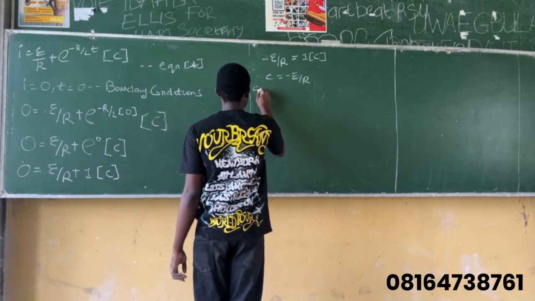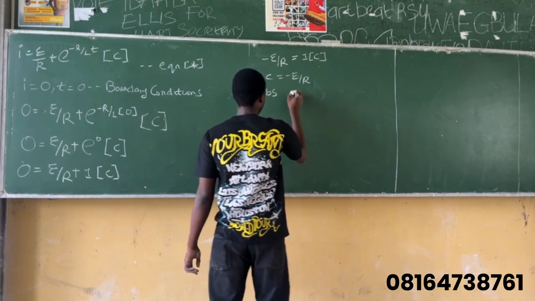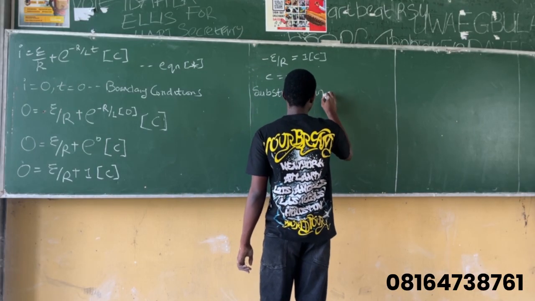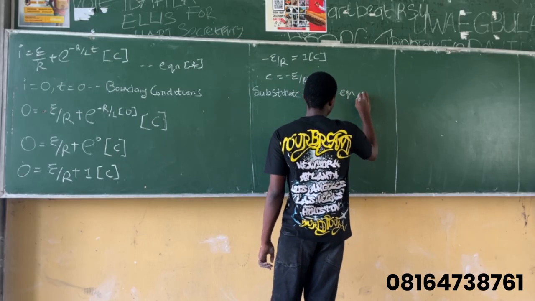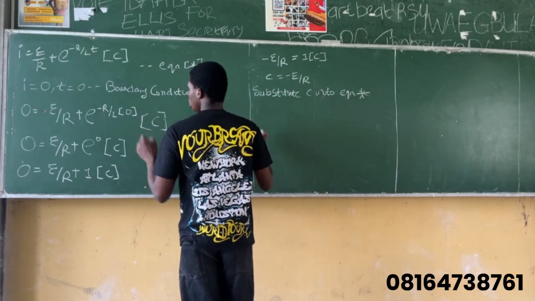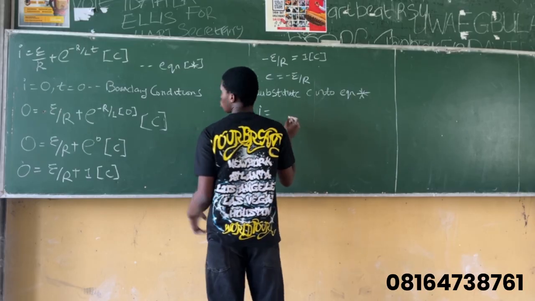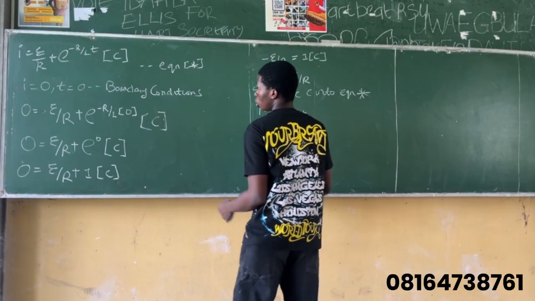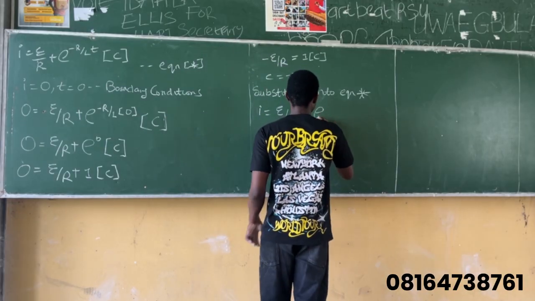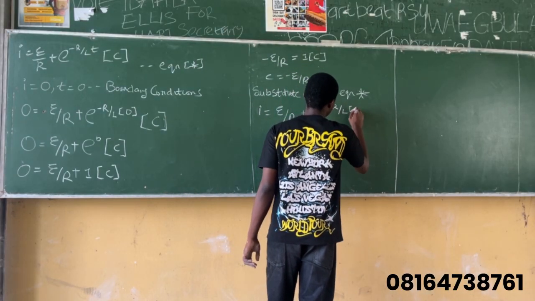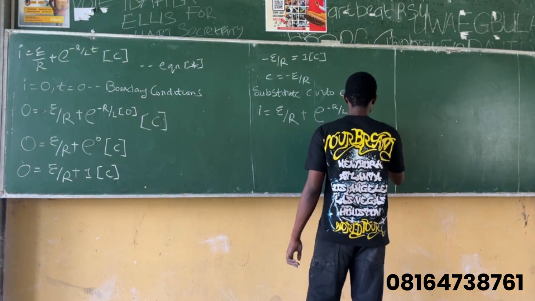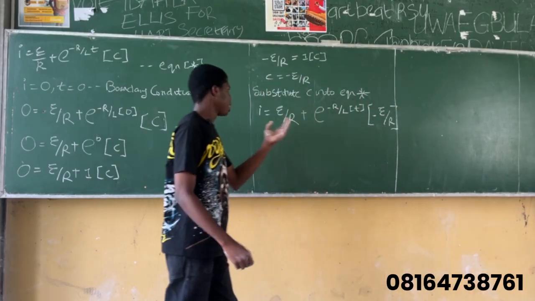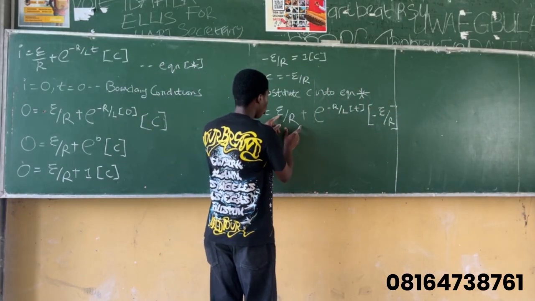Now we substitute C into equation asterisk. So I is equal to E over R plus e raised to minus R over L times t, multiplied by minus E over R. Now we simplify this further and take out the common parameters.